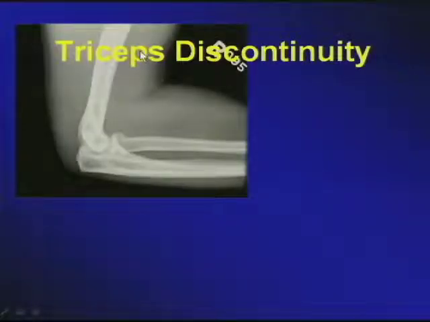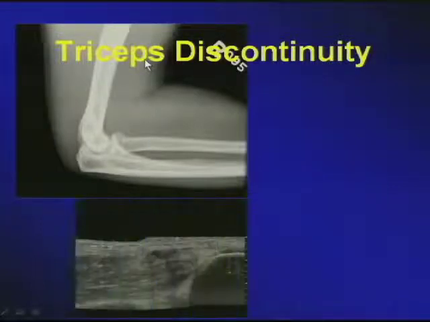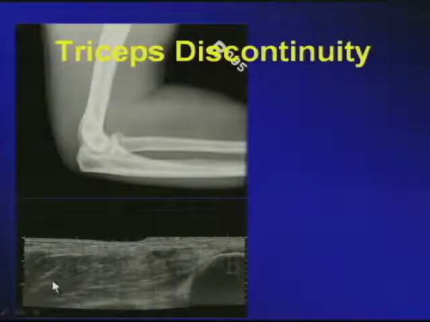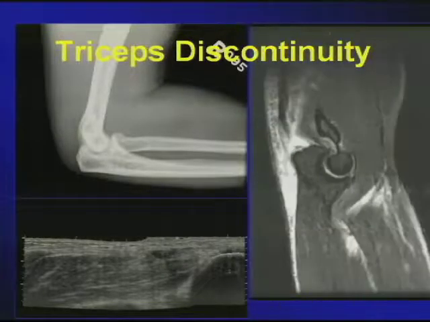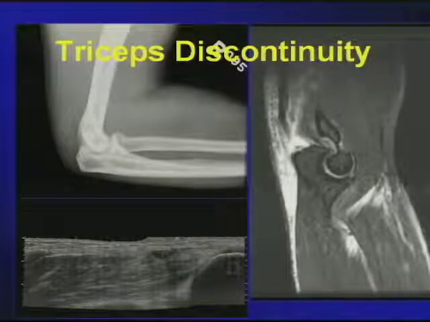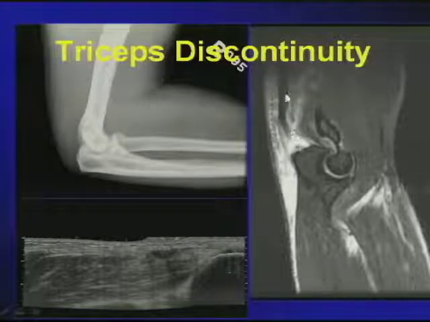So triceps tendon discontinuity can be readily visualized with ultrasound. And here in a panoramic view, you see that the multipennate structure of the triceps muscle has this hypoechoic cleft running through the fibrillar pattern of the triceps tendon, spilling into the olecranon fossa. And for confirmation, and especially since we were near the MRI unit, we were able to confirm indeed that there is a separation of the triceps tendon represented by this signal void structure.